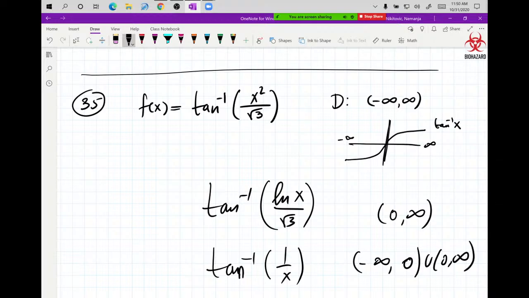Inverse tangent of infinity will give you pi over 2, but you can't plug in 0. There are horizontal asymptotes here. I forgot to tell you that. So inverse tangent of infinity is pi over 2.